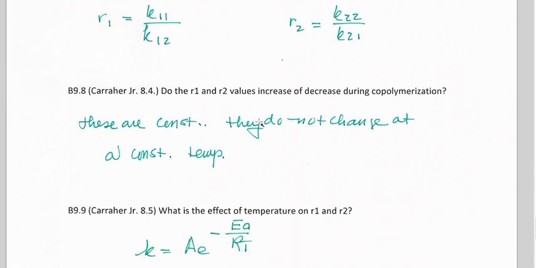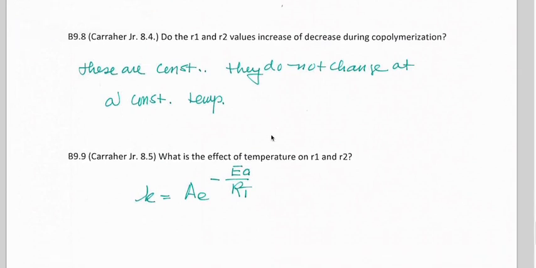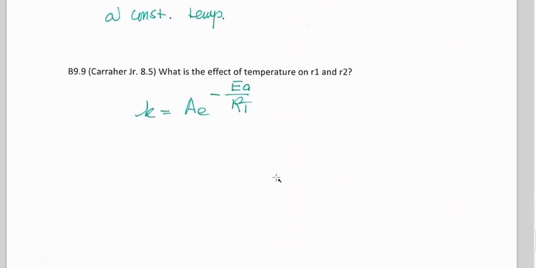Question number 8 is asking us if R1 and R2 decrease or increase during the copolymerization. Again, these are rate constants, so they should not change. The rate constants do not change. And then the last but not the least is asking us to look at the effect of temperature on R1 and R2.